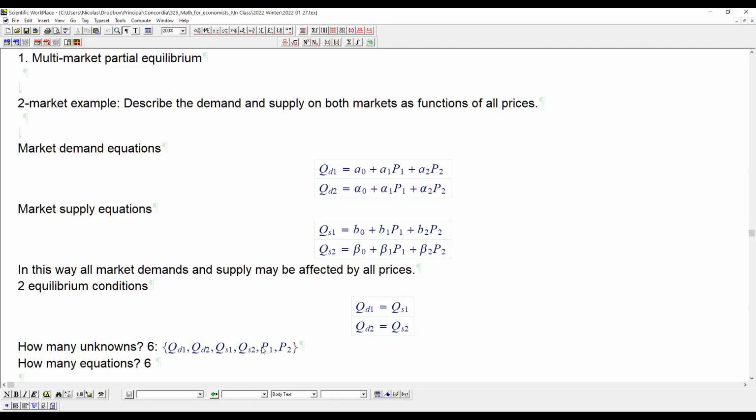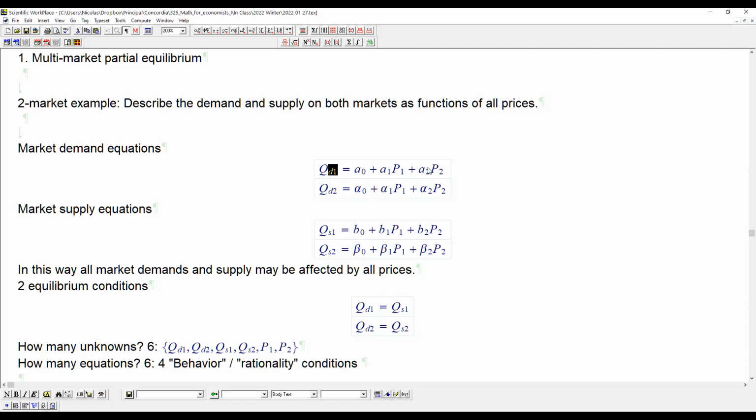I would say 4 behavior conditions or rationality conditions, however you want to call them, which describe either profit maximization by firms, which is the best quantity they can supply given the prices, or the rationality of consumers who just try to maximize their utility.